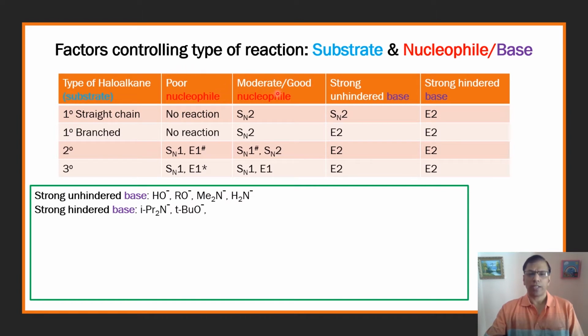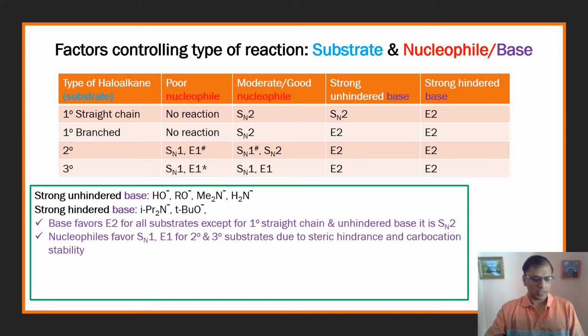For nucleophiles, it gets a little bit tricky. Poor nucleophiles do not react with primary haloalkanes. Secondary haloalkanes will give SN1 or E1 because they proceed through a carbocation.